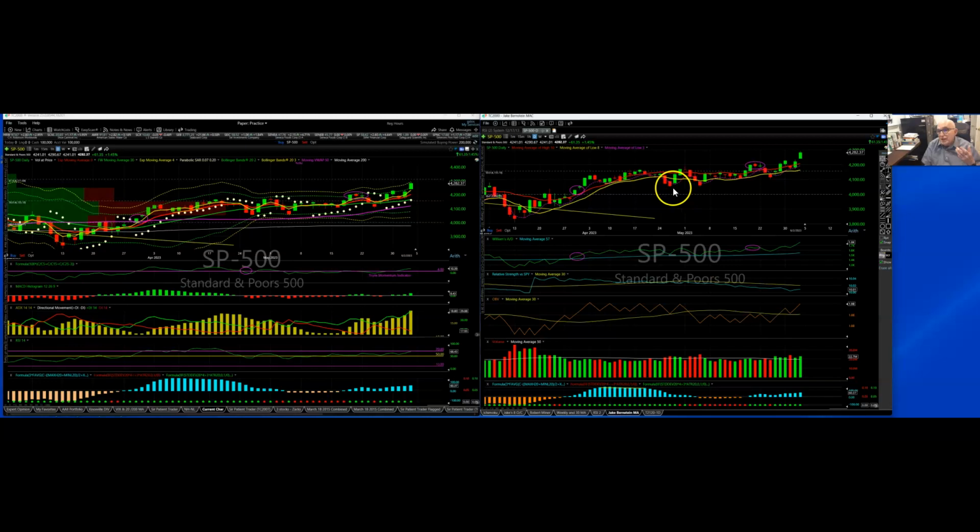You have to have a setup and a trigger to sell. So once you bought here, when the S&P was around 4,050, you're at 4282 without a sell signal there. That's the way that we use this chart, okay?